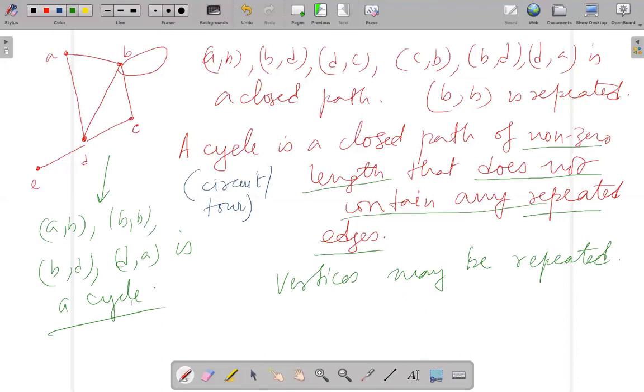So here all edges are distinct, but the vertex B is repeated.